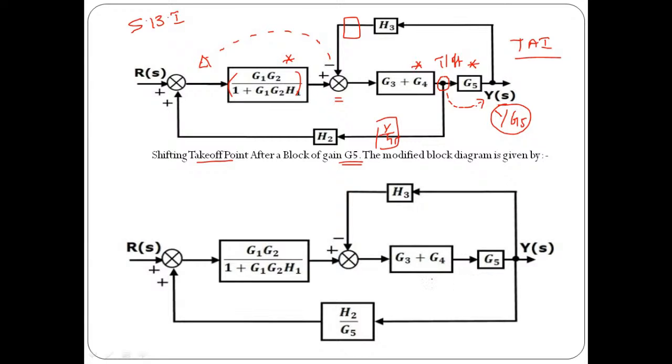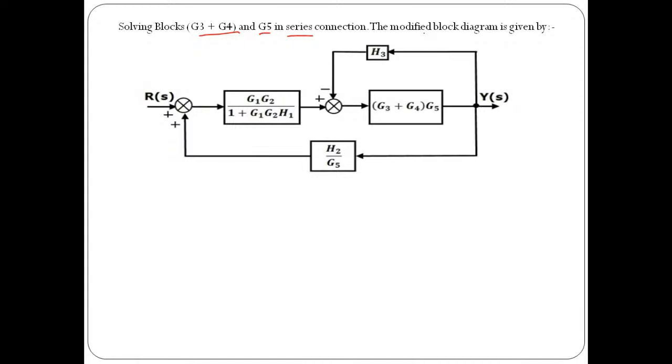Now see, in this case, this block and this block are connected in series configuration. So we can club them and find out their equivalent block gain. So by solving G3 plus G4 followed by G5 in series combination, the modified block diagram is given like this.